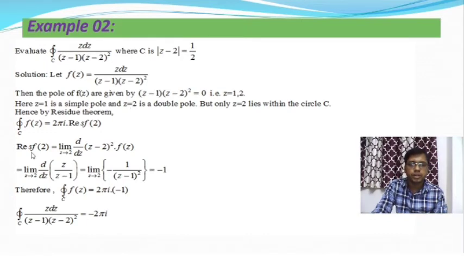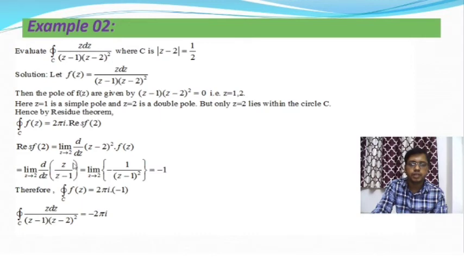So residue at z is equal to 2 is equal to limit z tends to 2 of d by dz, the first order differentiation, of (z minus 2) whole square into f of z.